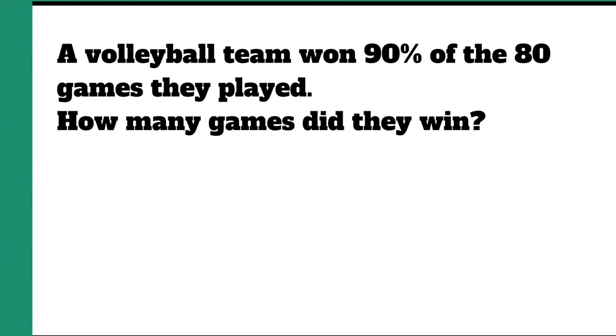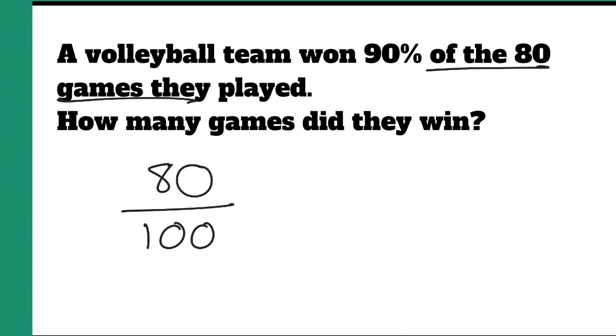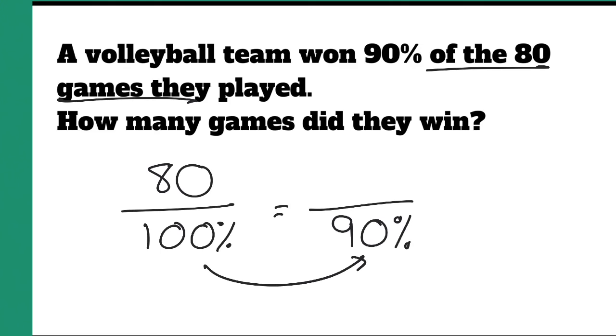A volleyball team won 90% of the 80 games they played. How many games did they win? So they're saying they played 80 games. So their 80 games is 100% of the games. But they only won 90%. So the struggle is I can't go straight from 100% to 90%.